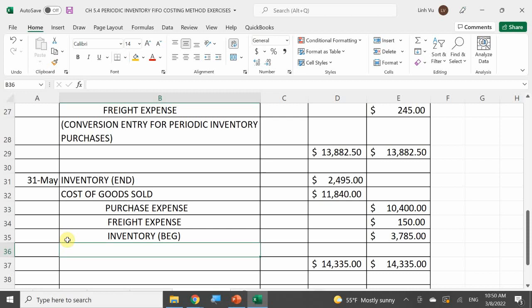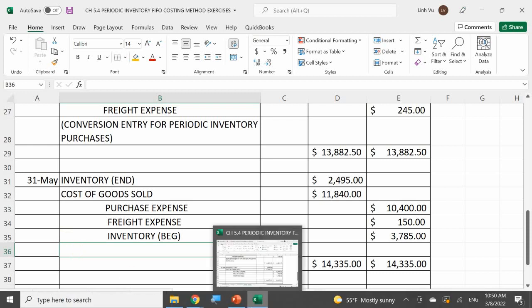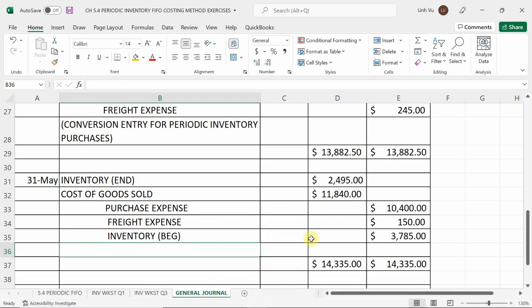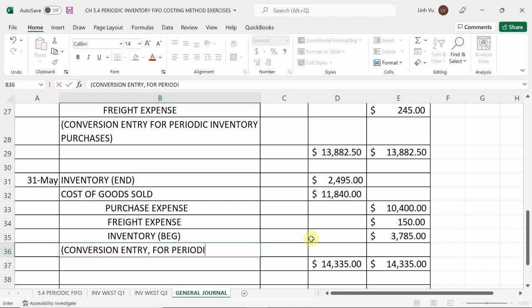And now we can conclude our journal to say that this was a conversion entry for periodic inventory purchases.